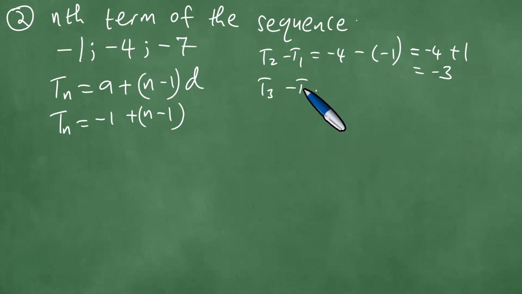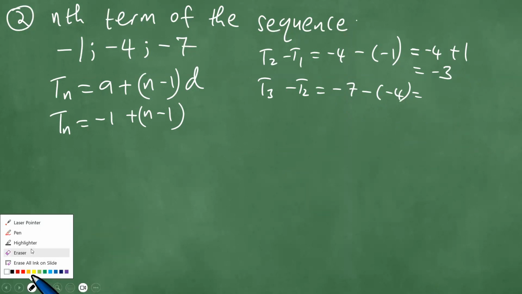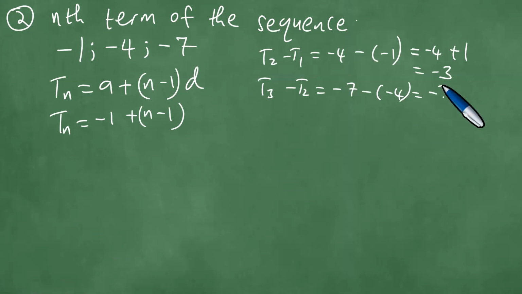T3 minus T2: T3 is -7, T2 is -4, so -7 plus 4, which is also -3. Because both differences are -3, the common difference is -3.